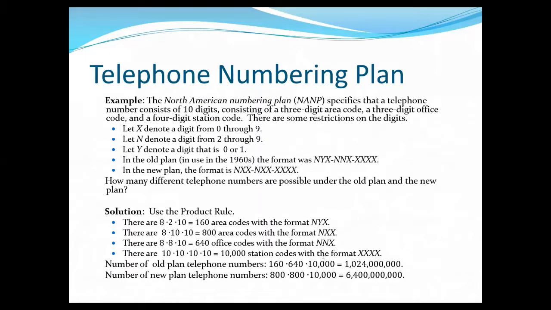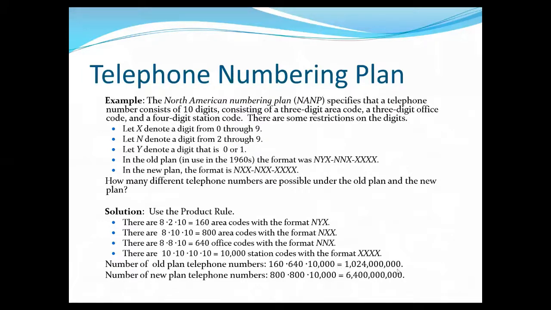Getting the number of ways of representing telephone numbers in the old plan, we just multiply the old area codes, 160, times the old office codes, 640, times the number of station codes, 10,000.